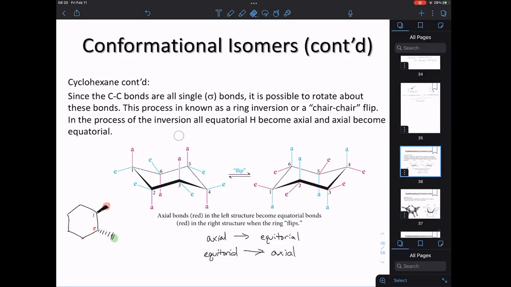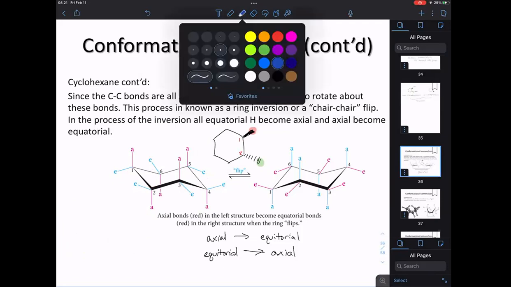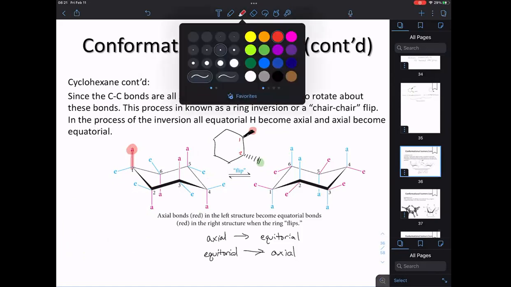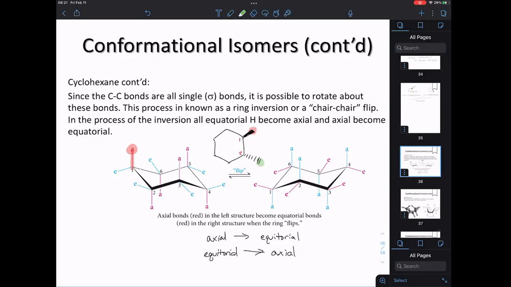If we now look at our dimethyl cyclohexane, again, let's color our bonds. So on carbon 1, there's one pointing out at us. That would be this one here. And on carbon 2, it's the trans structure, so the other one is pointed down.